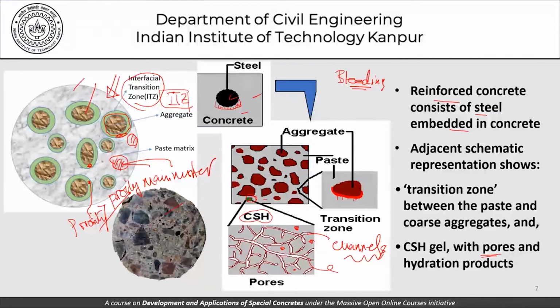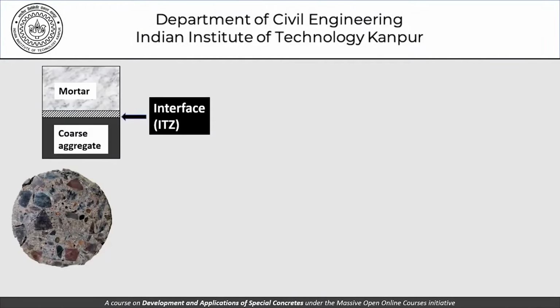Now this ITZ in its formation is actually responsible for these kinds of crack propagations that we have, where the crack propagates around the aggregate, we say. When we say the crack negotiates around the aggregates, what we are really saying is that it goes through the ITZ. If we look at it a little more schematically, we try to represent all this ITZ as one place here.